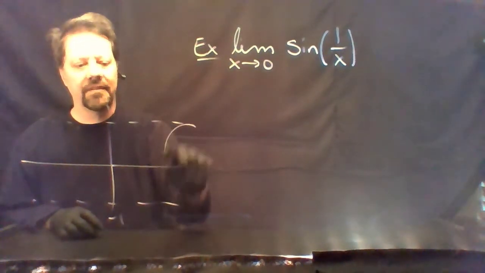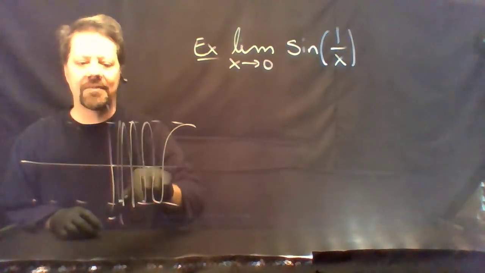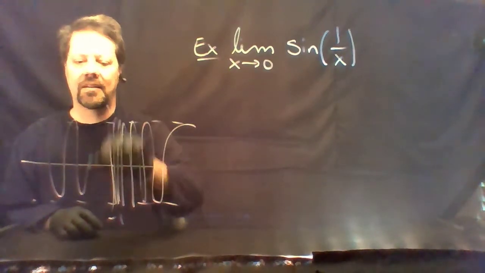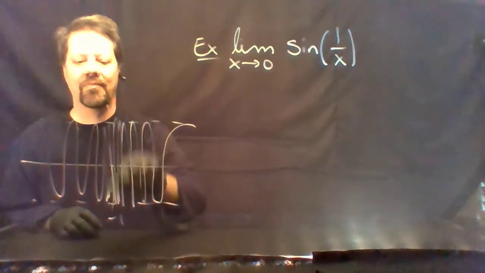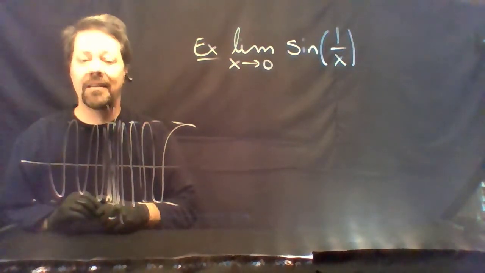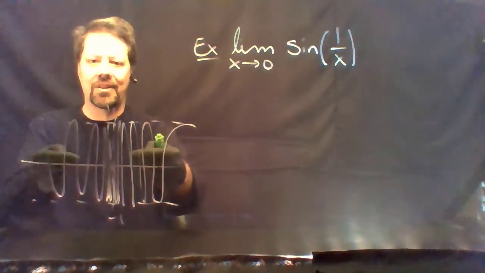The curve oscillates an infinite number of times as you get closer and closer to 0. And it does this on both sides. It goes up and down an infinite number of times as you get closer and closer to the origin.